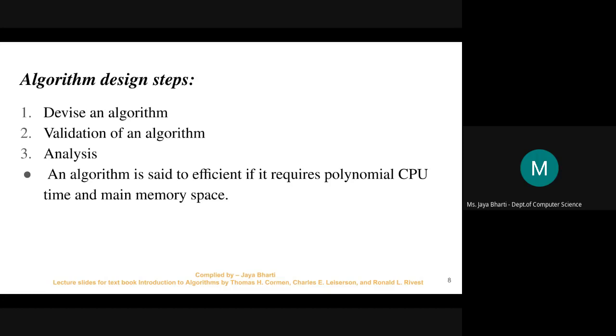So an algorithm is said to be efficient if it requires polynomial CPU time, polynomial means n square, n cube. In that way, if it is taking time and memory, then it is okay. But if it is taking time and memory such as n factorial or n to the power n, then it is non-polynomial. Okay.